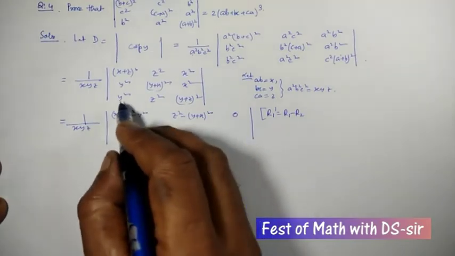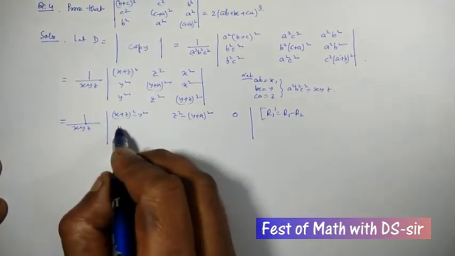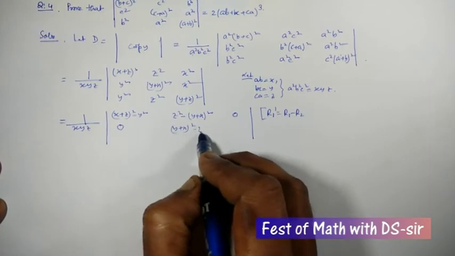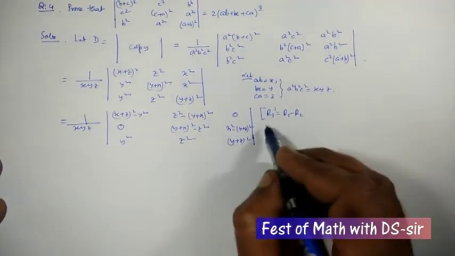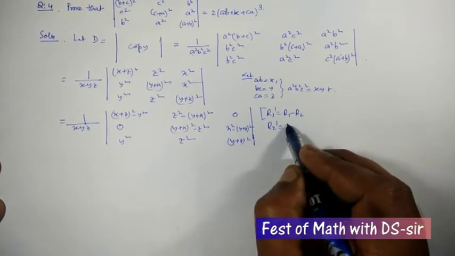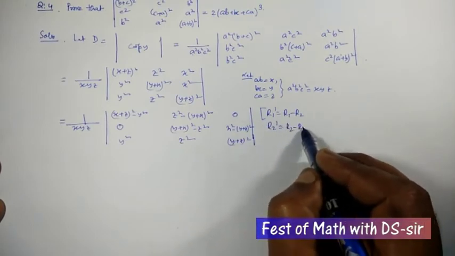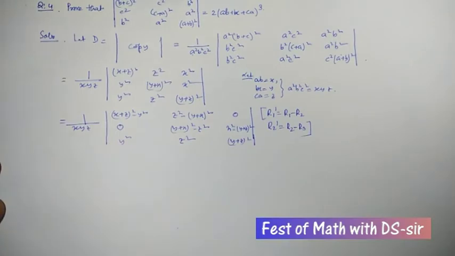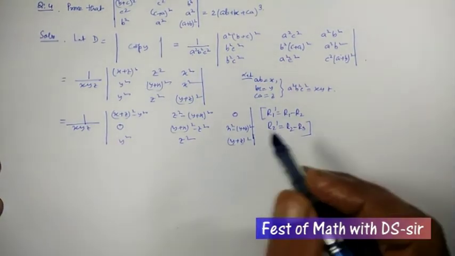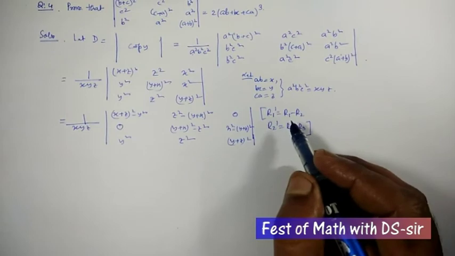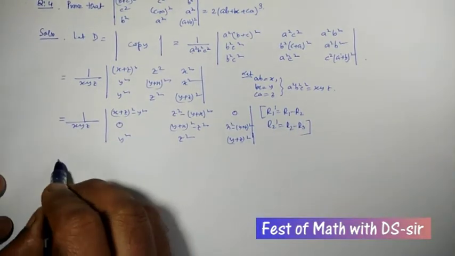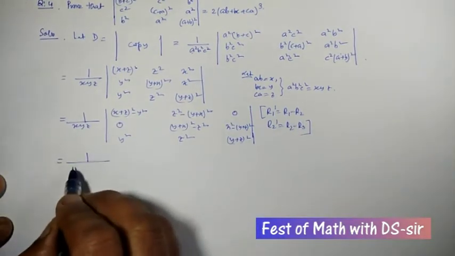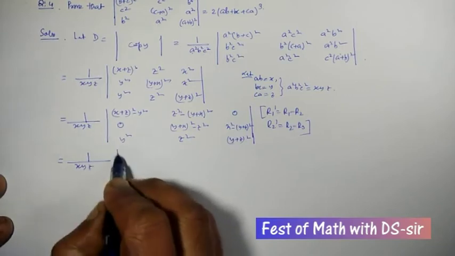Next I subtract R3 from R2, so R2 dash is R2 minus R3. Since it is of third order, you can apply a maximum of 2 row operations simultaneously. So now see, this is XYZ.